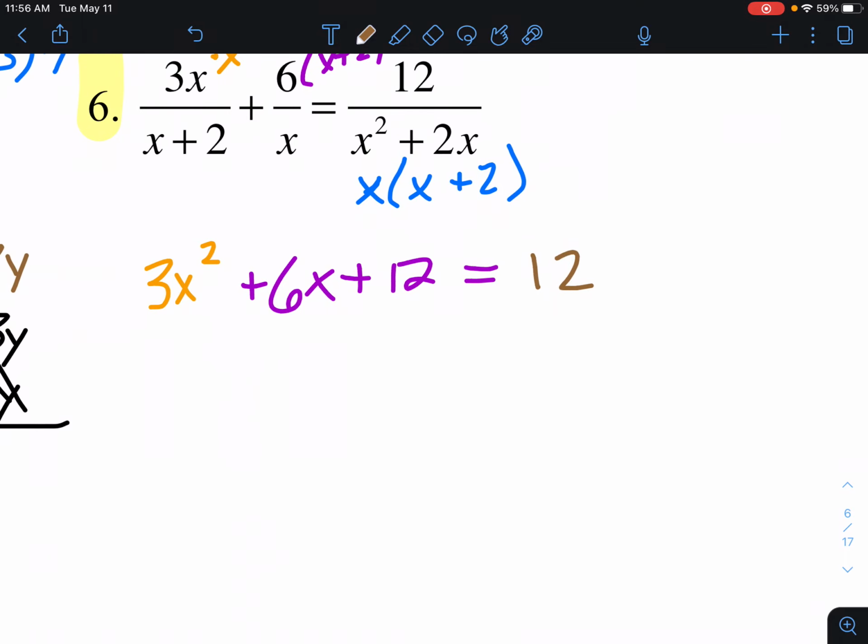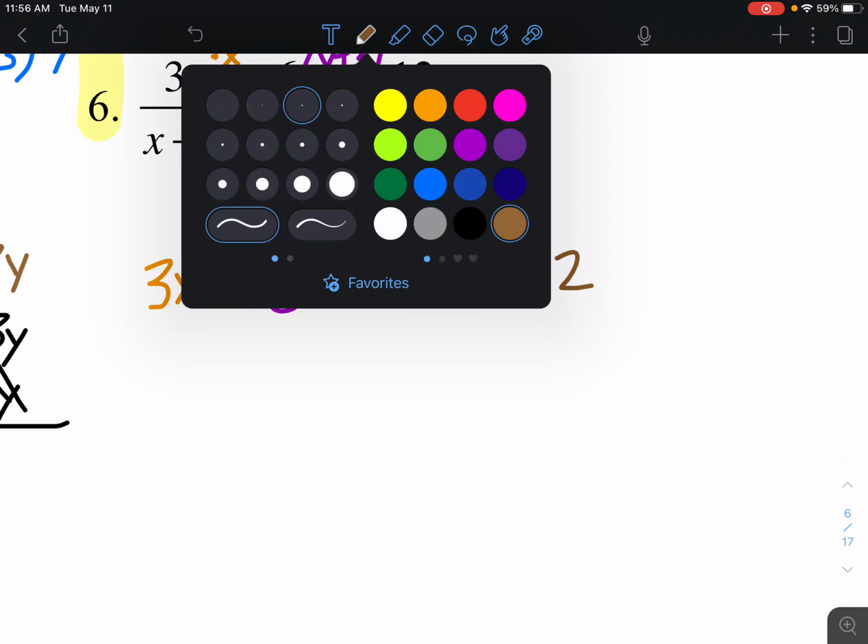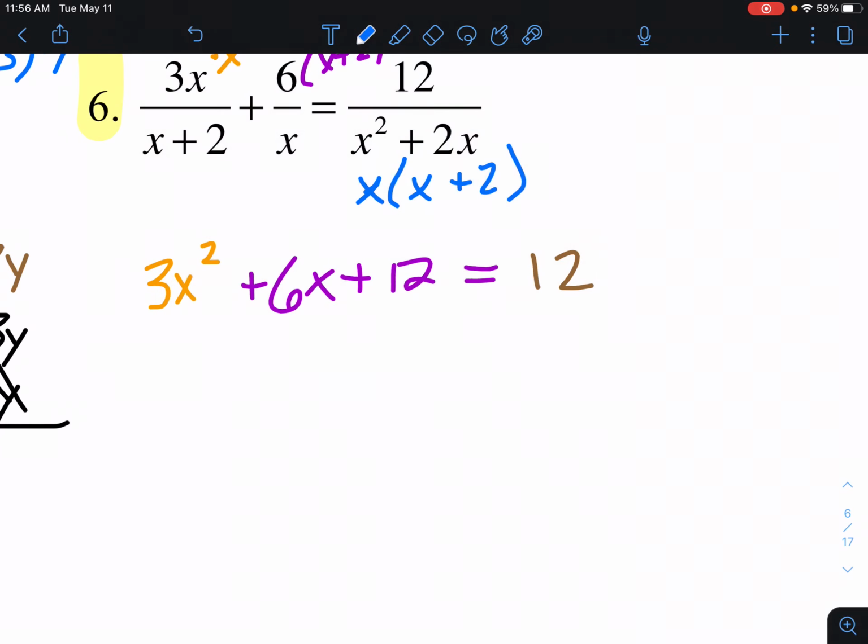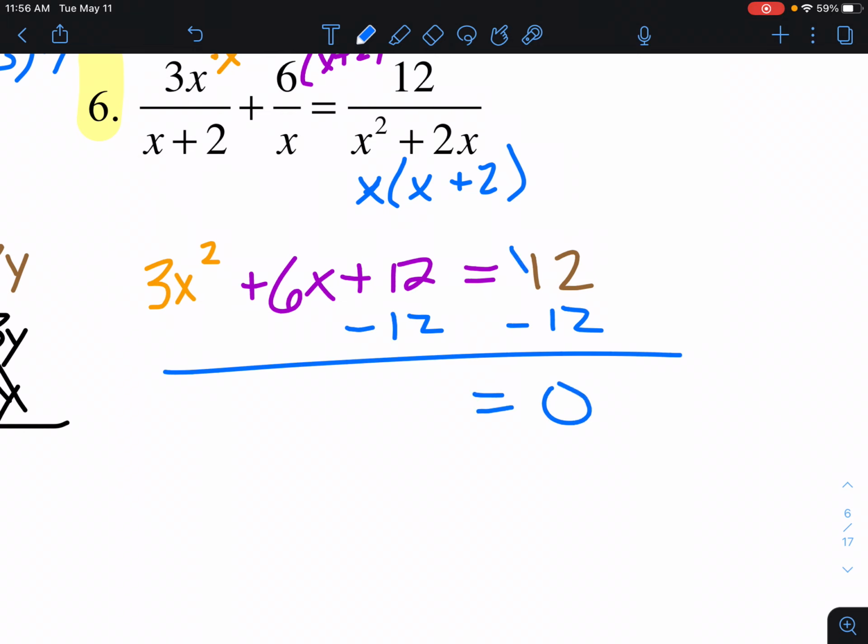Okay, so let's solve this. We have another quadratic, so it can have up to 2 answers here. Let's set this equal to 0. So subtract 12. It actually cancels here and here. All right, how can I solve this? We actually have a GCF here. We have a GCF of 3x.